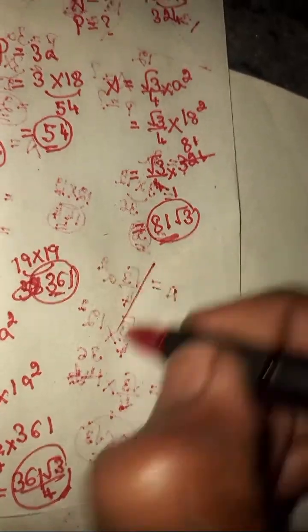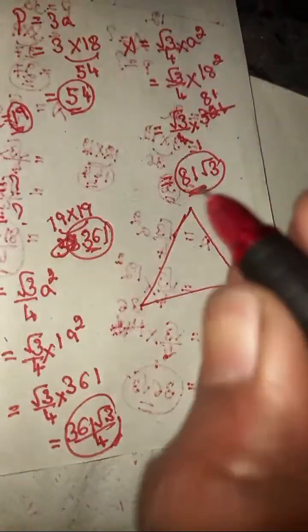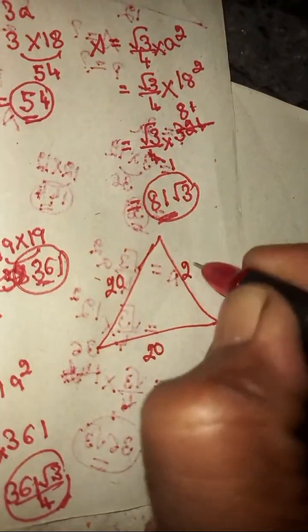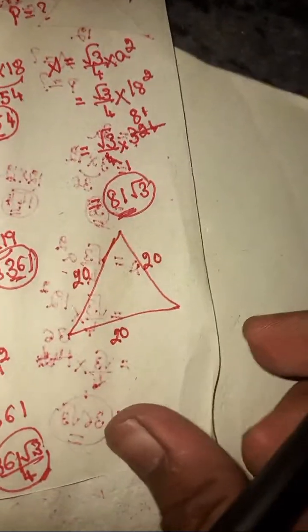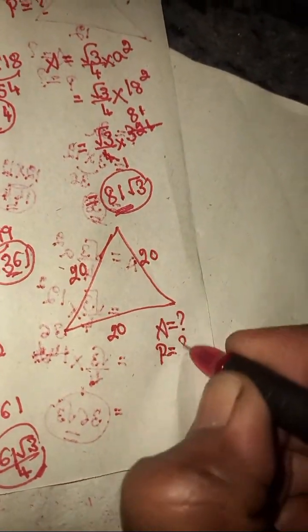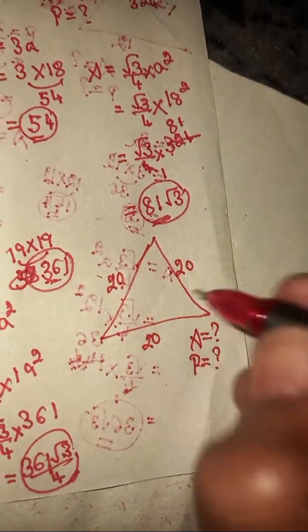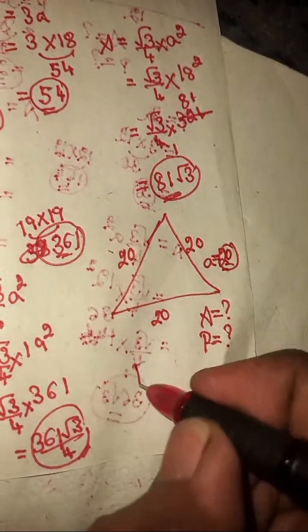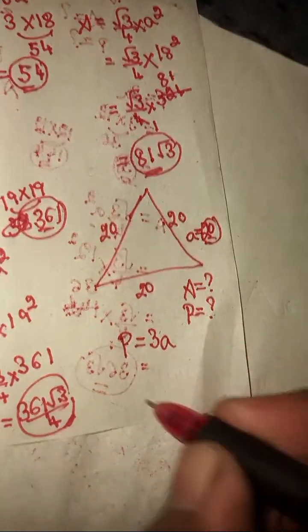Here let's take one more triangle. Here all sides are equal to 20 units. When all sides are equal to 20 units, find the area and the perimeter. They have given the side length as 20 units. Perimeter is 3 times the side length.